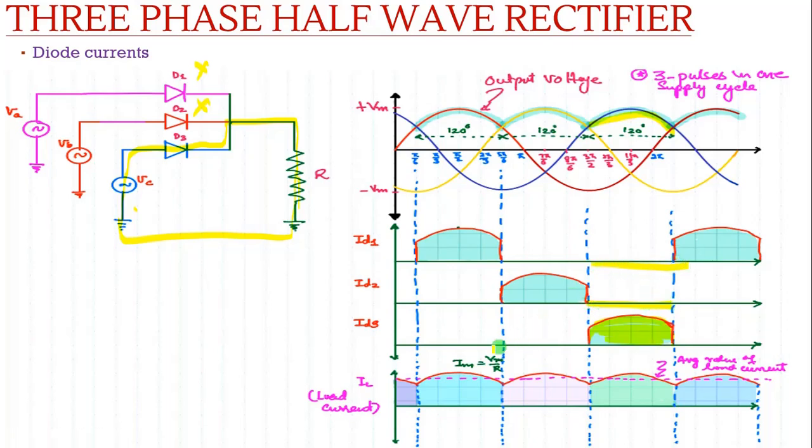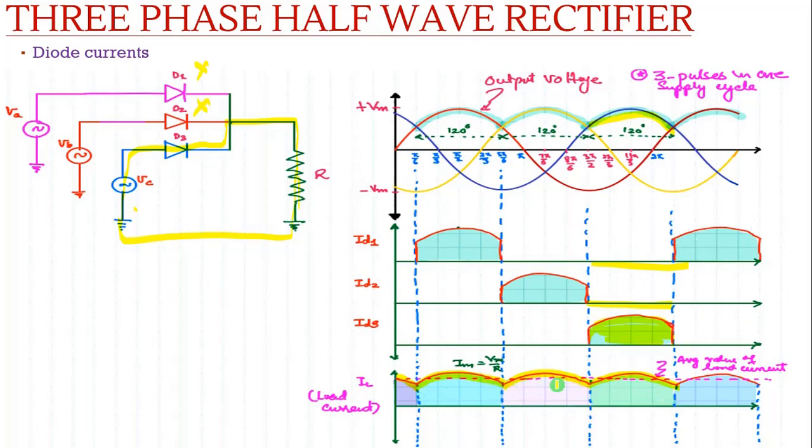Taking the average load current, we get a graph like this. When VA is more, diode D1 conducts. When VB is more, diode D2 conducts, and when VC is more, diode D3 conducts. So this will be the load current waveform.